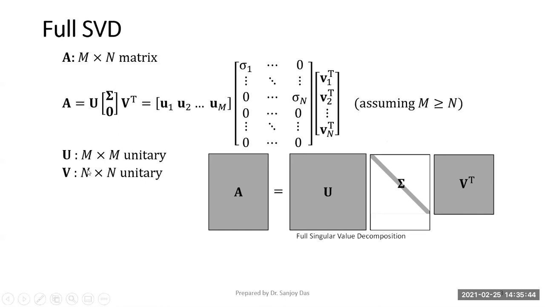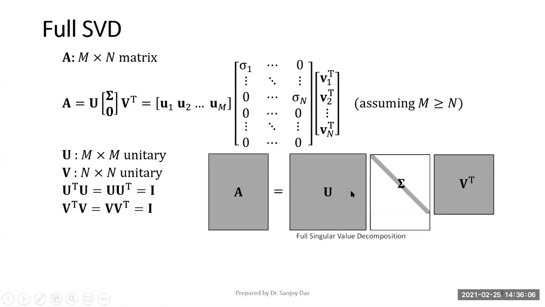Here U is an M by M unitary matrix, and V is an N by N unitary matrix. I have V transpose here, and so V transpose also is an N by N unitary matrix.